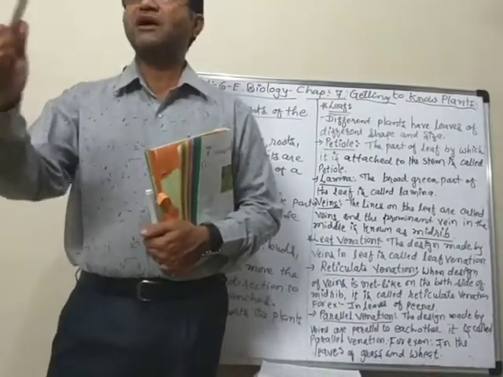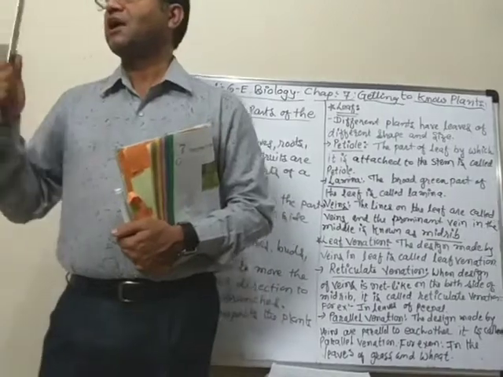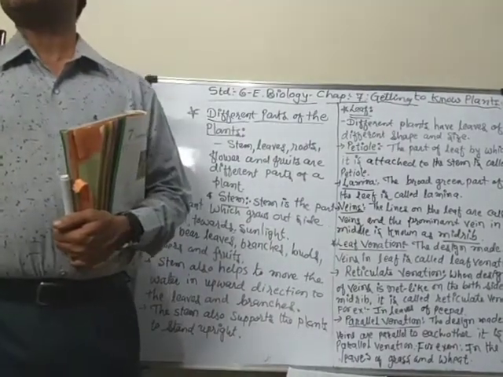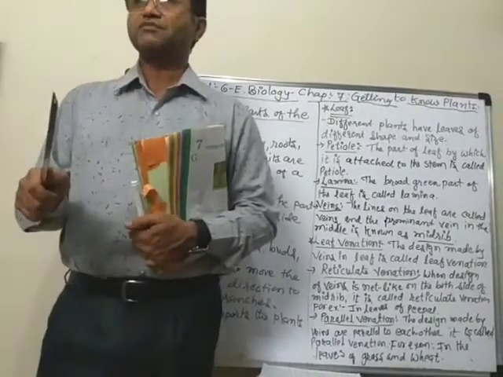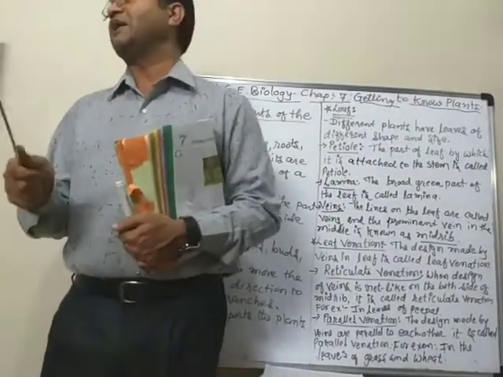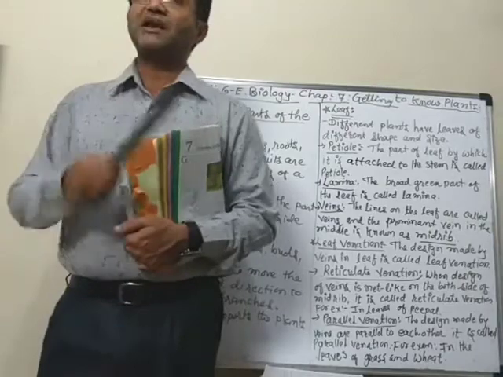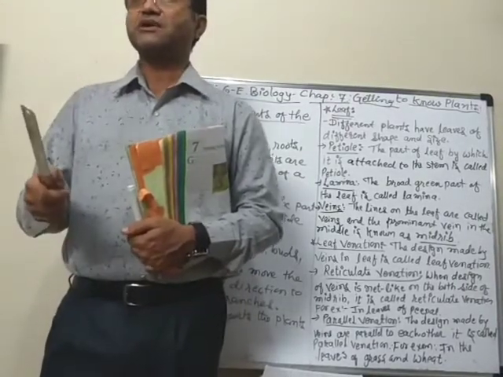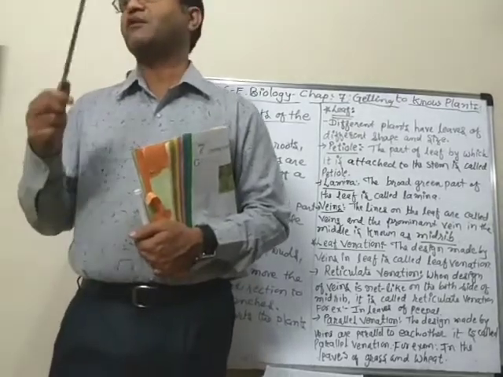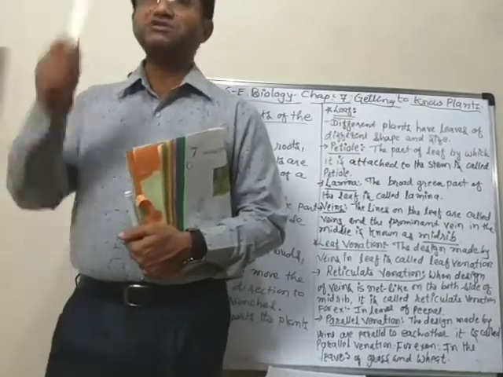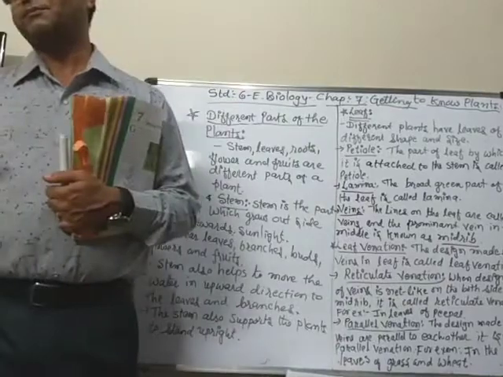Because the stem is very strong, it supports the whole plant to stand upright, except those plants which have very soft, tender stems, like the creepers and climbers. Otherwise, for all these plants, the stem is very, very useful to stand upright in the soil.